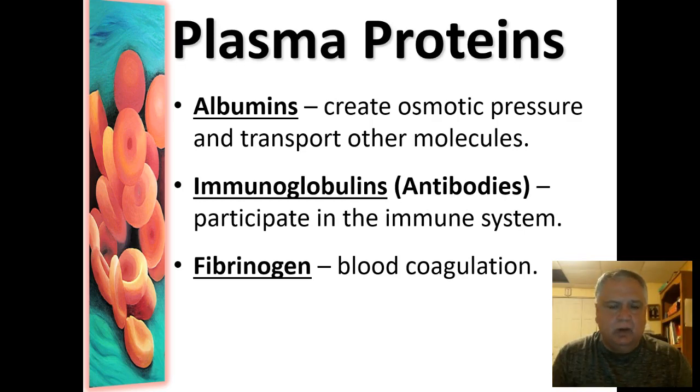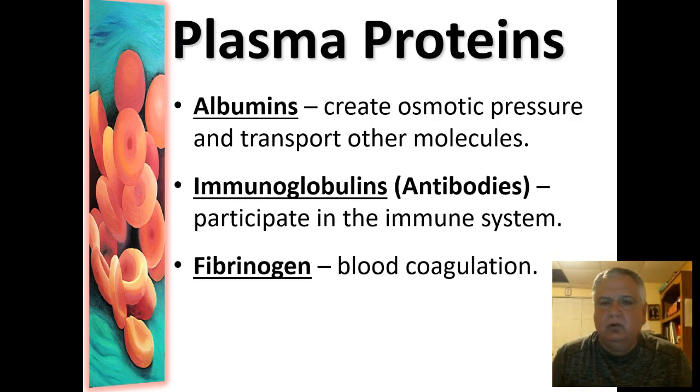Albumins are proteins that are very important in creating osmotic pressure that's necessary for capillary exchange that we talked about in the cardiovascular system. And albumins are also important because they can kind of piggyback other molecules in the blood to transport them from one place to another. So we'll be seeing albumins again in the future.